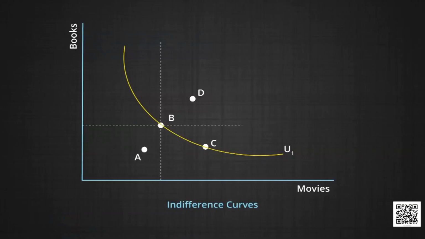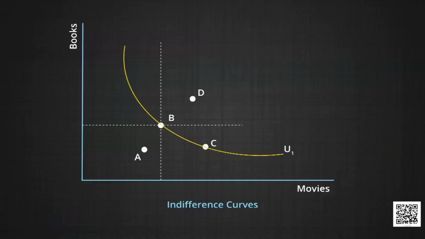Clearly, A has less of both movies and books than B, whereas D has more of both. A consumer would therefore derive greater utility from a bundle like B than from A, and she would derive even more utility from the bundle D than she would from B. So, the consumer would clearly prefer B to A and D to B.